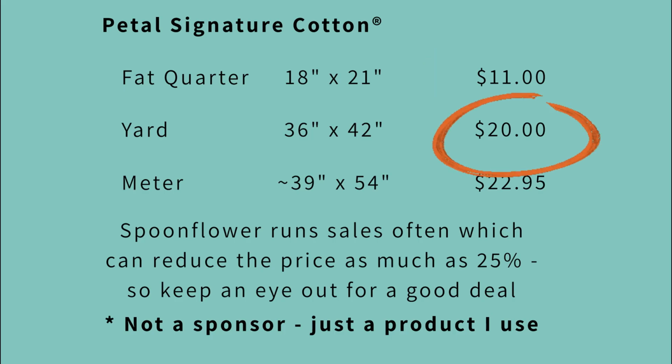And, keep in mind the Spoonflower does run sales quite often, and I've seen the prices come down as much as 25%. So you can get a pretty good deal for custom fabric if you keep your eye out for a good deal. Now you can see already that if you want to have 2 fat quarters, that would be $22 if you buy them separately, or you can take up to a yard and do just $20.